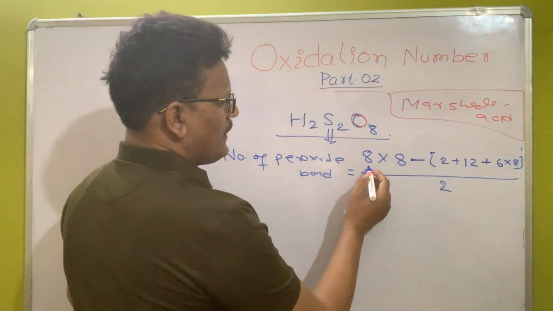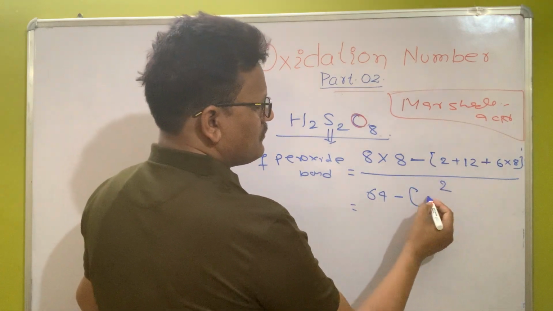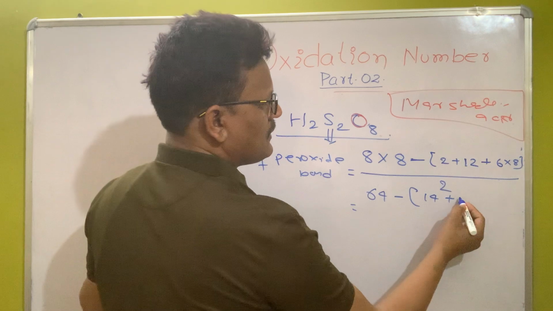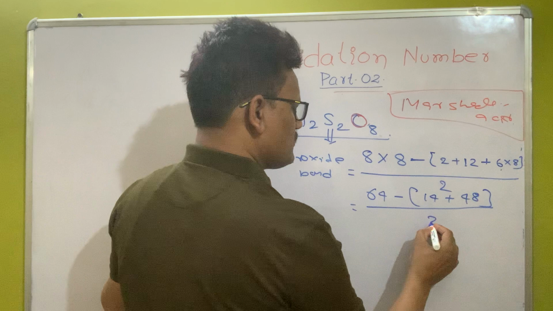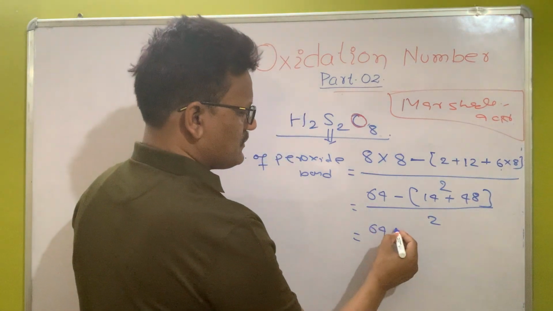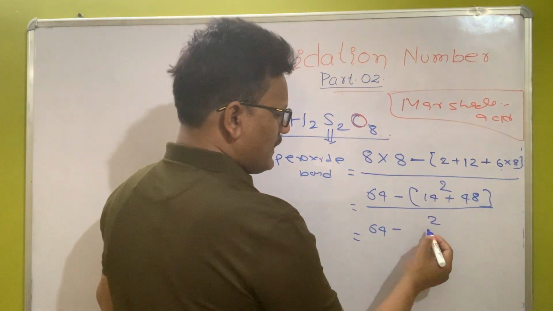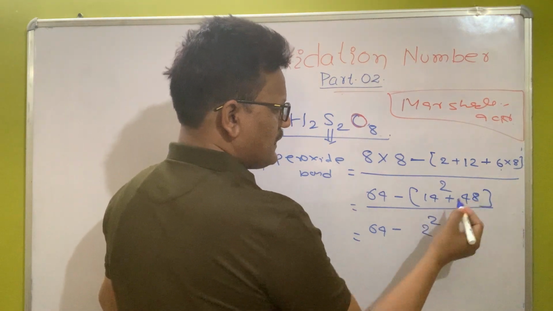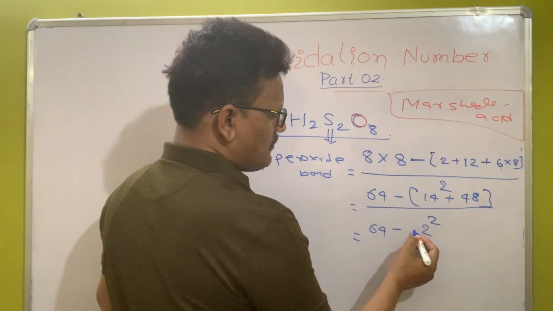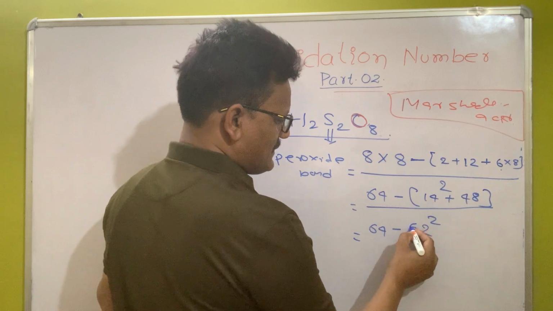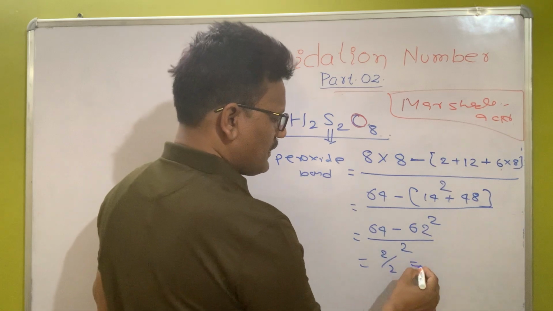So 8 8s are 64 minus 14 plus 48 divided by 2. After adding we get 62, so 2 by 2 we have 1.